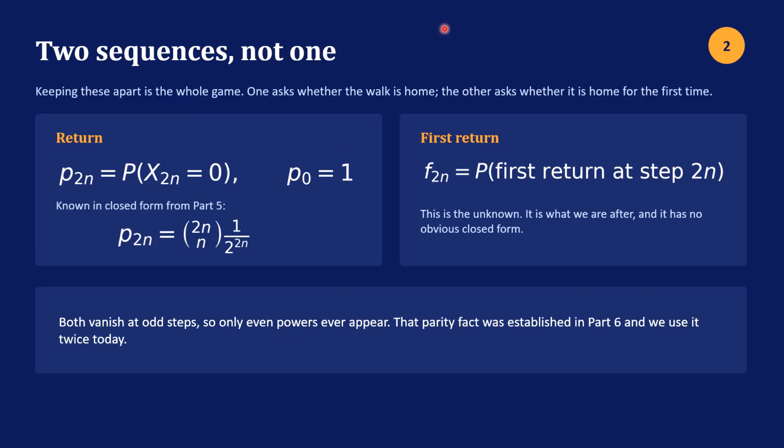This slide is a summary of where we're at. Previously, we found the probability of returning to state zero, given that you were in state zero to start with, in 2n steps. And we computed that to be this quantity here: 2n choose n times 1 over 2 to the n. So this is the probability of being in state zero, given that you started at state zero, after 2n steps.